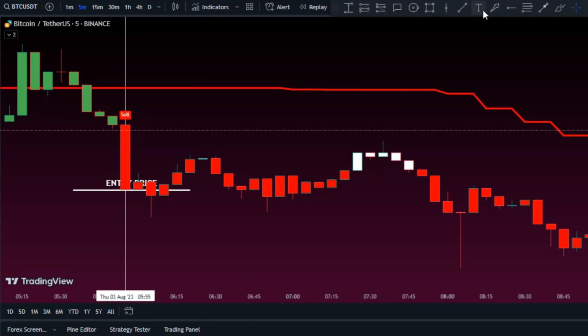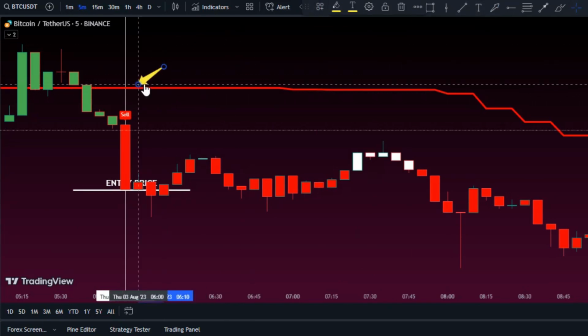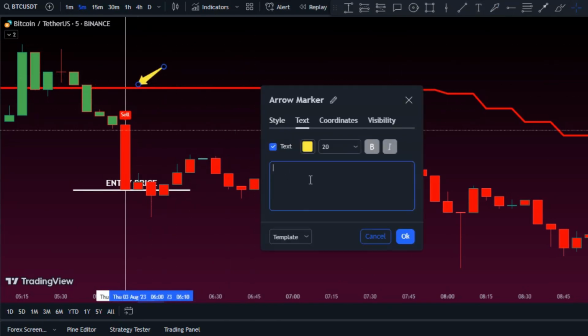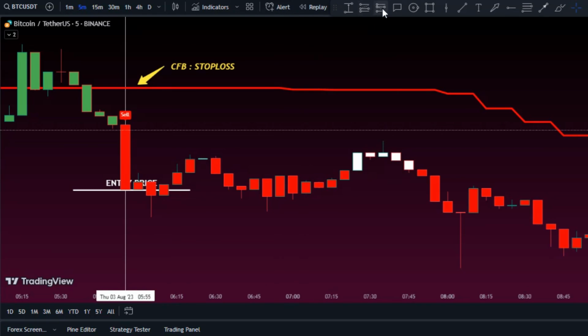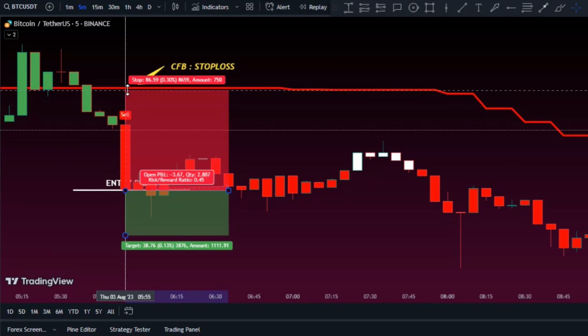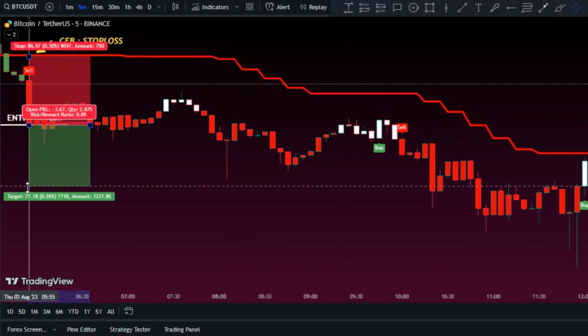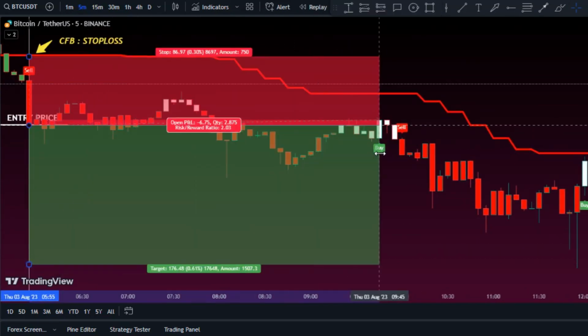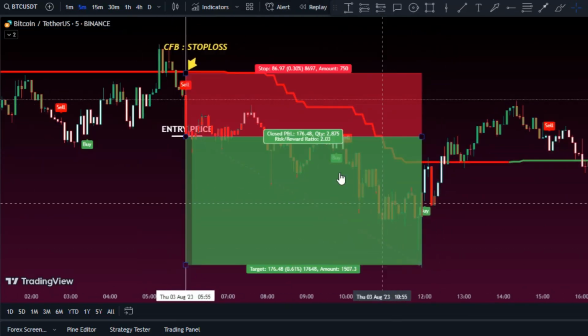After entering the position, set your stop loss above the CFP Trend indicator line. And to take profits, exit the trade once the risk to reward ratio hits 1 to 2.